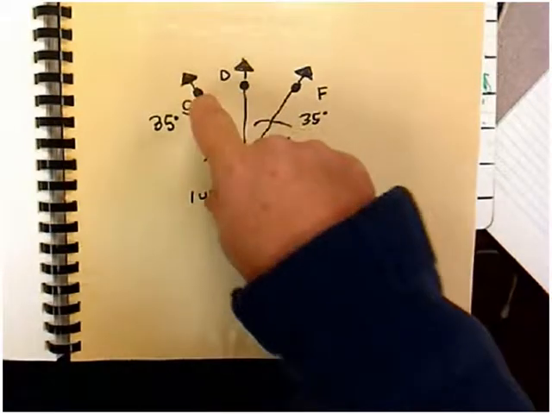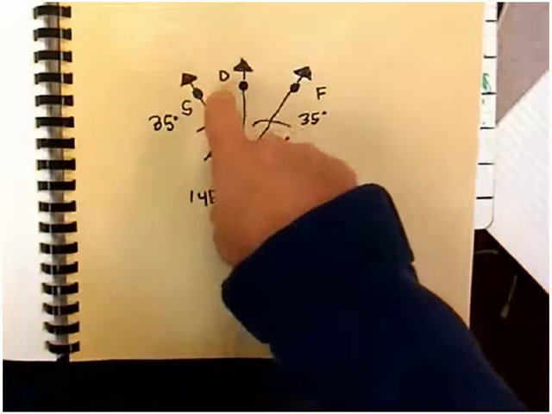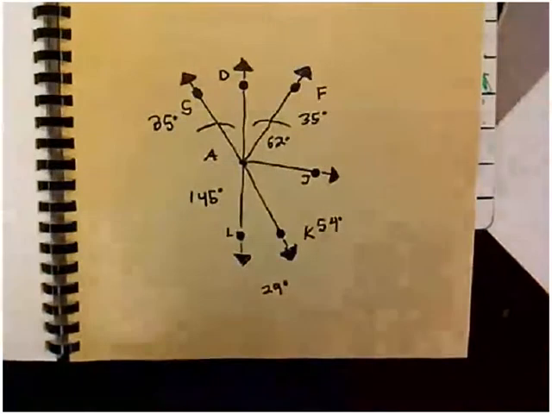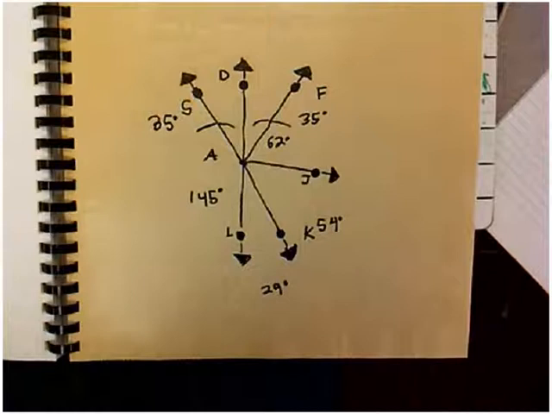Or you could name the angles that are together, or you could create your own. It can be adjacent, because SAL is adjacent to this other angle, SAD. So those are supplementary. Also, let's push our brains. What about DAJ and JAL?